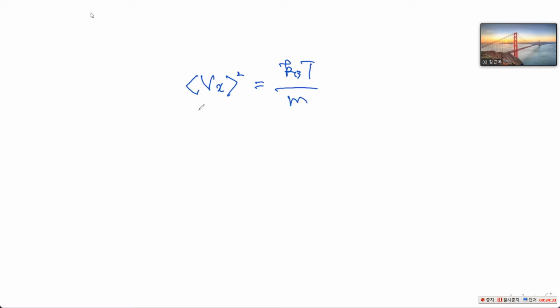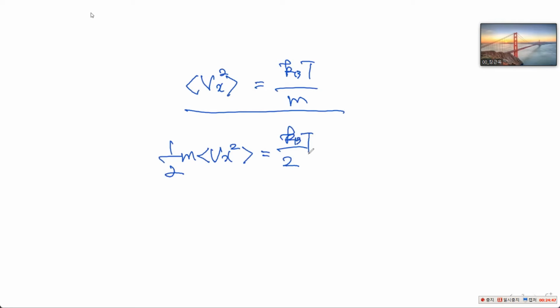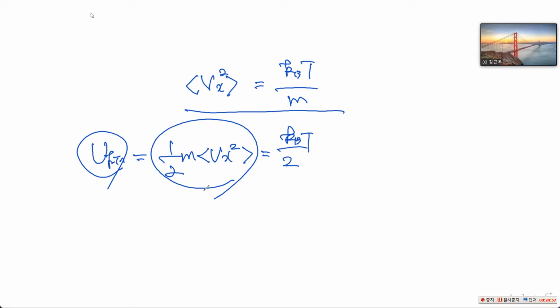Okay. Then in the 1D case, this is the kinetic energy of one molecule. So for an ideal gas, there is no potential energy, only kinetic energy is there.